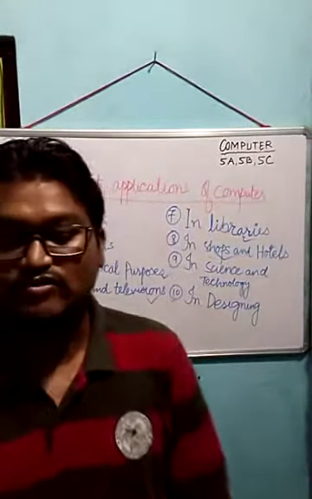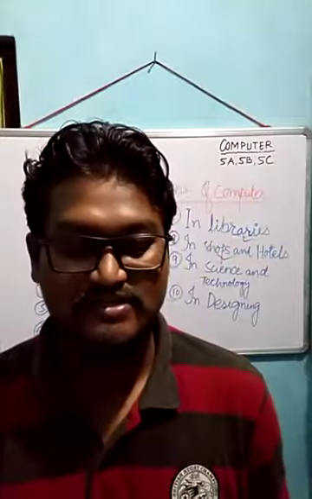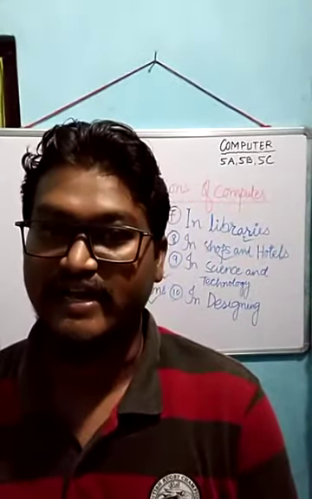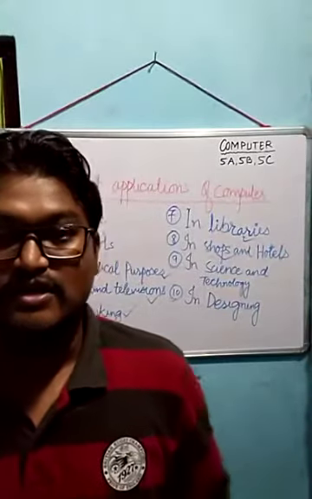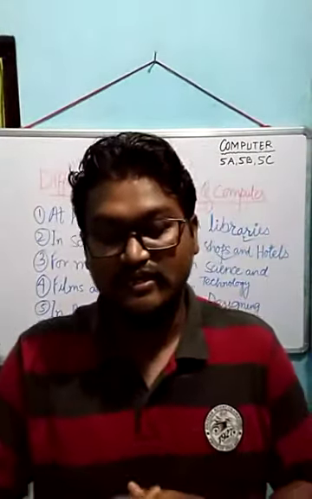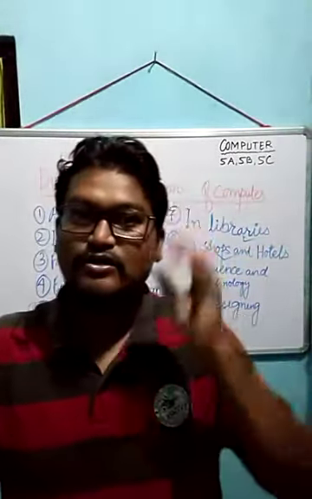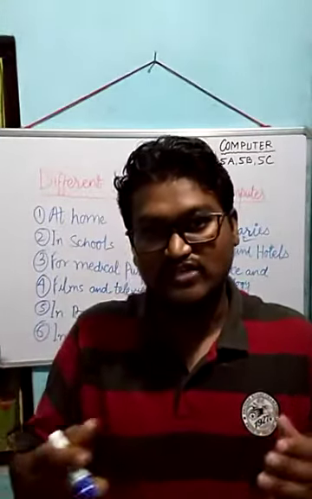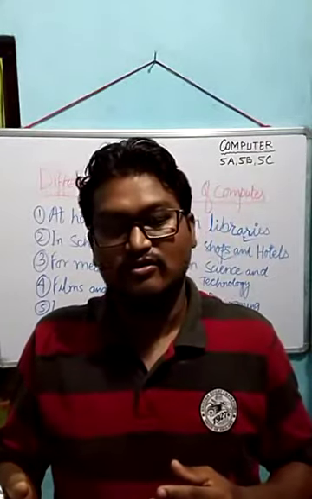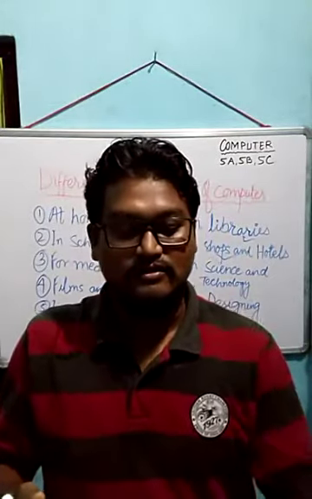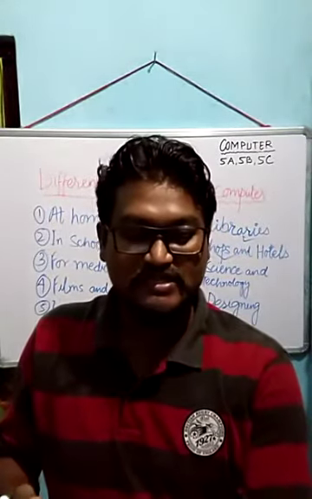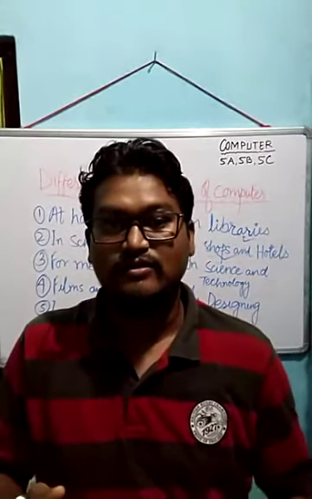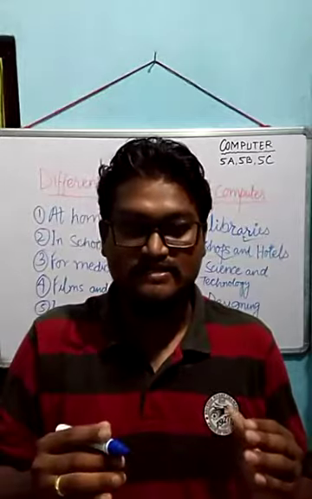Next is designing. According to the book, the last point in the application of the computer is designing. So computers are used to design different things, like the design of buildings, offices, the design of scientific apparatus.